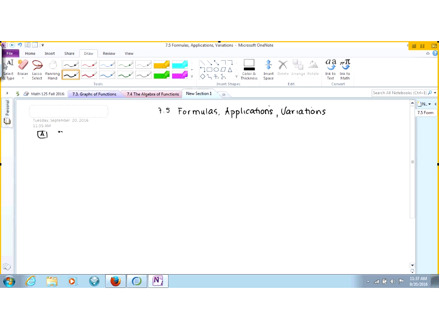Okay, so basically what we want to do is to solve formulas for a variable. So the easy ones would be, for example, S is equal to 2 pi r squared plus 2 pi r h.